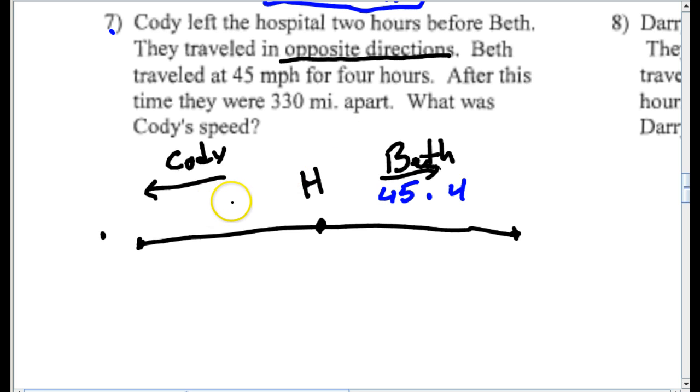So how long did Cody drive for that? I mean, we know our variables go to speed. We've got no speed in that car. But with this information, how long did Cody drive for?